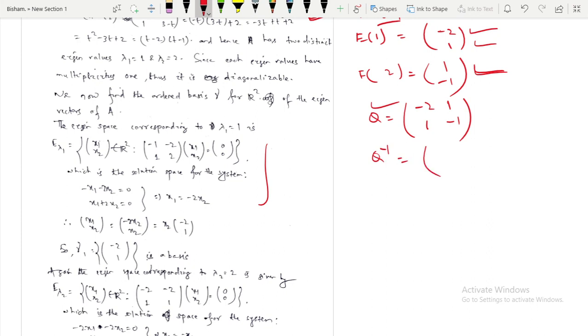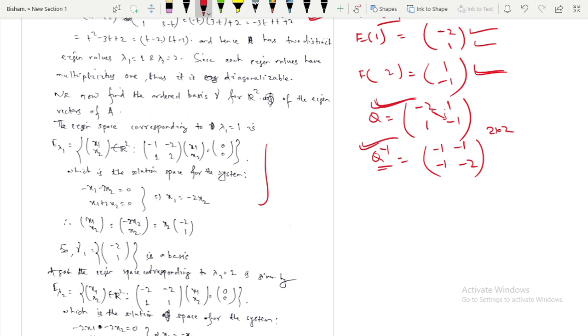Q inverse is minus 2 minus 1, this thing can be replaced, minus 1 minus 2, and this is your main diagonal, this thing can be interchanged. This is the rule of finding the inverse for a 2 cross 2 matrix. So this is minus 1 minus 2 and these are minus 1 minus 1. If you know Q, then you just find Q inverse.